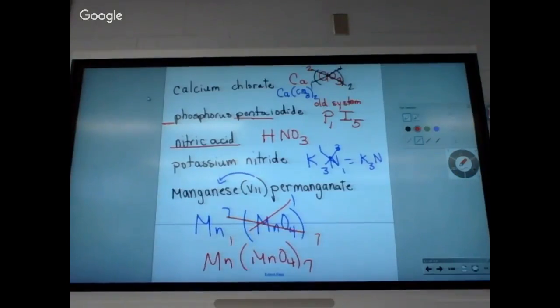Your 2. Squash your 2. Yes, that's better. Inside that too. Okay. That's sulfide. Sulfate. Sulfate. One here too. Does that make sense?